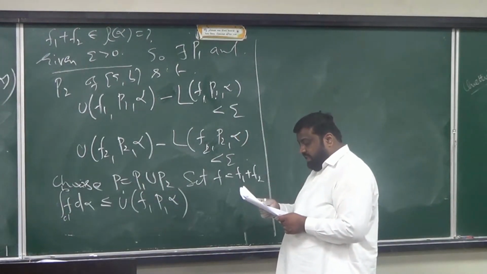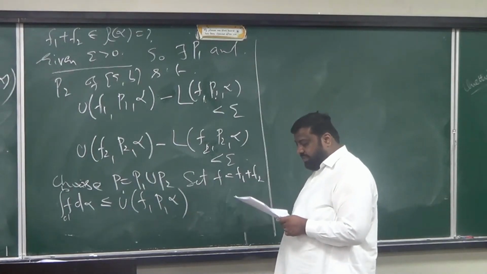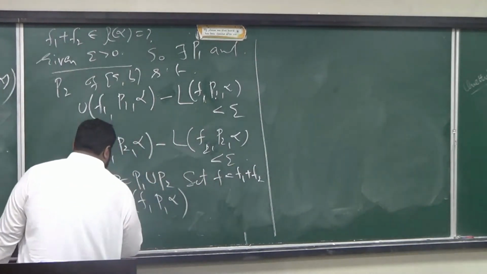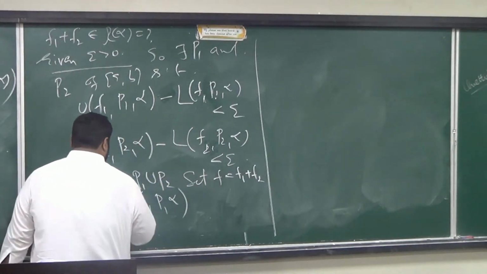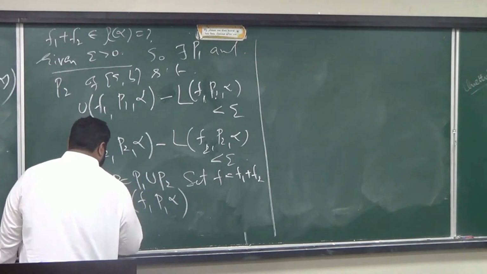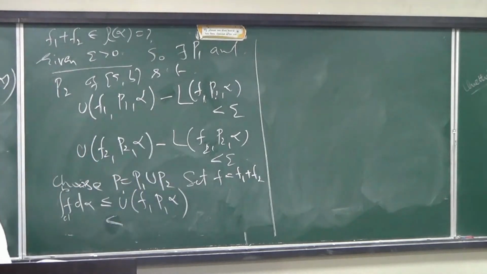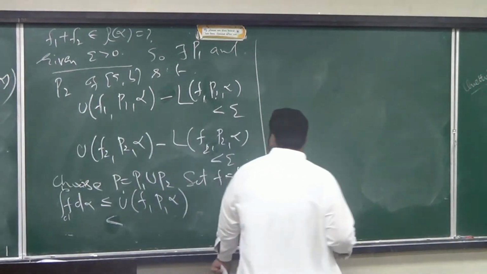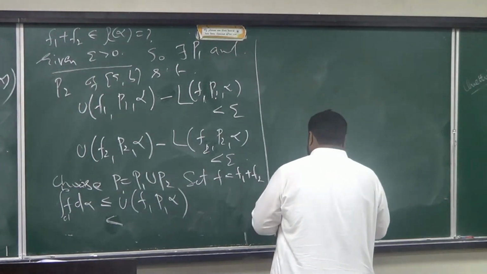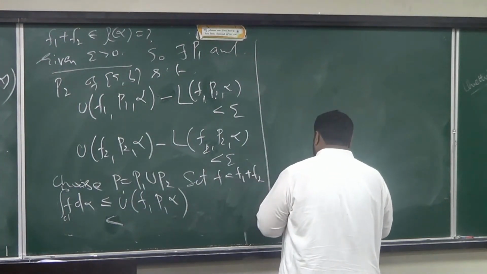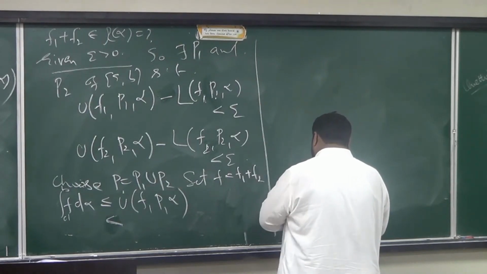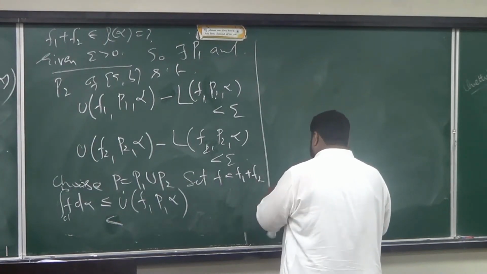Now, if this is the case, then my claim is that this must be less than. Let's rewrite this again, the line that we wrote before. What was the key inequality that we had in the first proof? The first inequality.